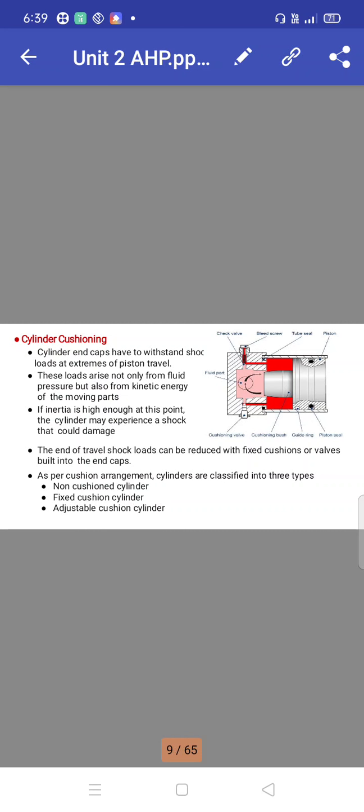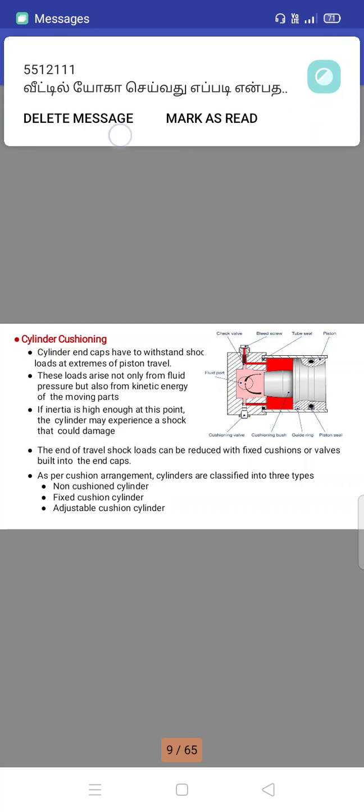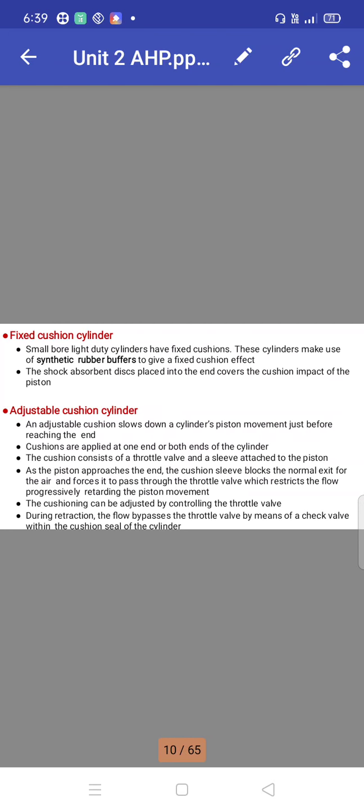The end of travel shock loads can be reduced with fixed cushions or valves built into the end caps. As per cushion arrangements, cylinders are classified into three types: non-cushioned cylinders, fixed cushion cylinders, adjustable cushion cylinders.